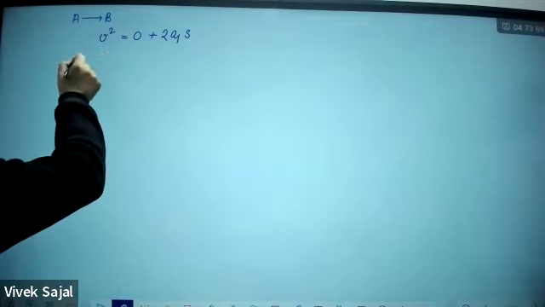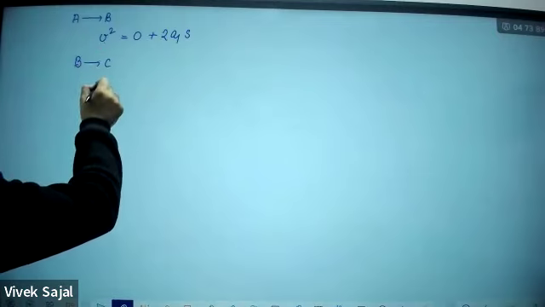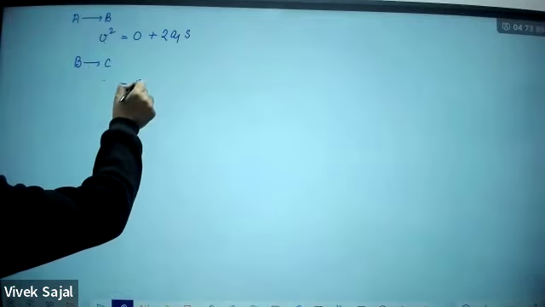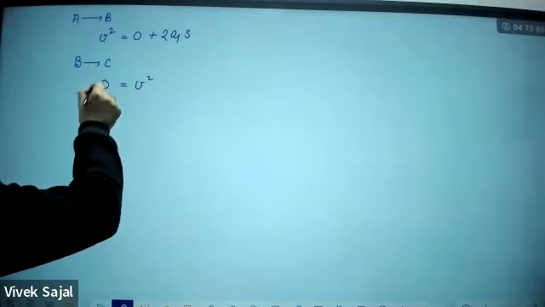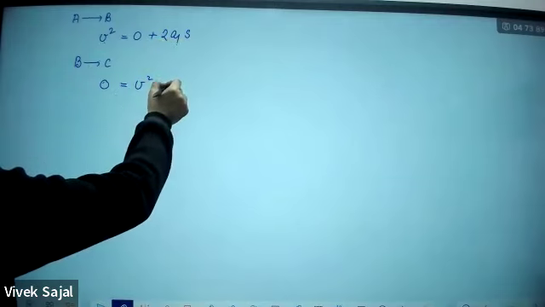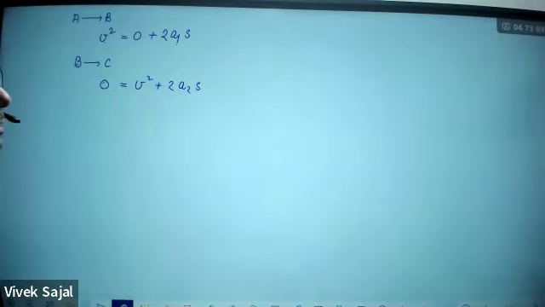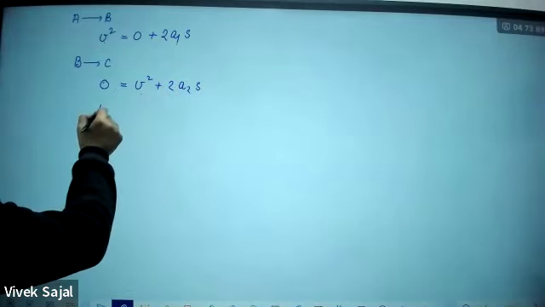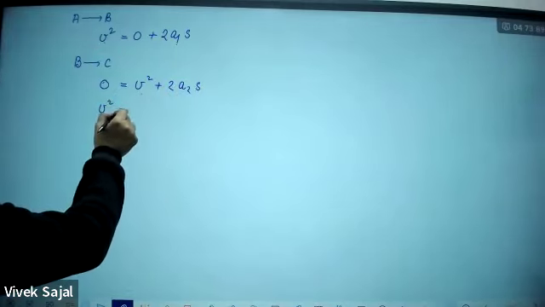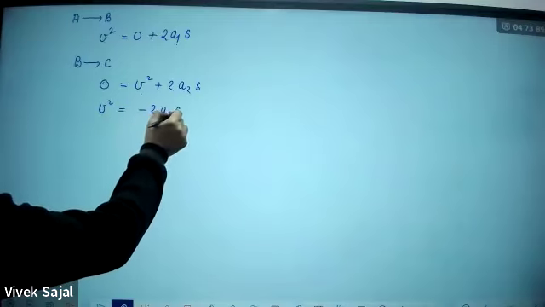In the second part, from B to C, the initial velocity is v square, the final velocity is 0, so 0 equals v square plus 2a2s. So v square here will be minus 2a2s.